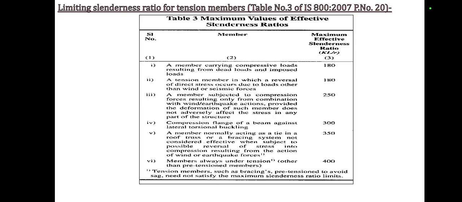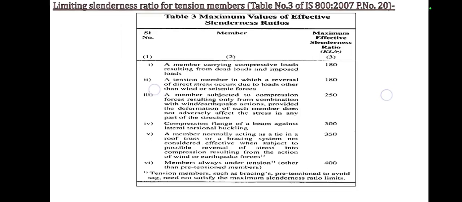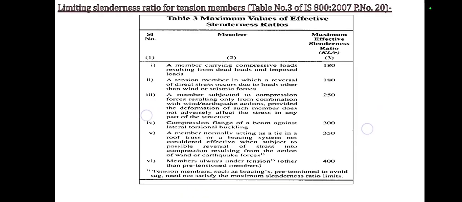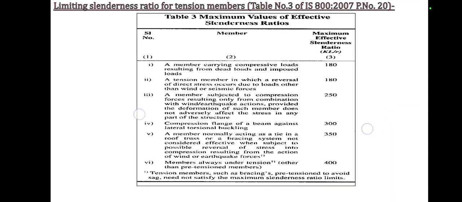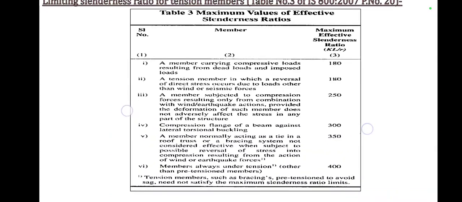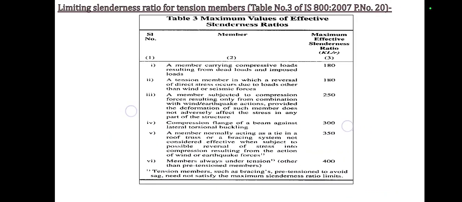Then, the limiting slenderness ratio for the tension member. Table number 3 of IS 800:2007, page number 20, gives us an idea regarding the maximum value of effective slenderness ratio.